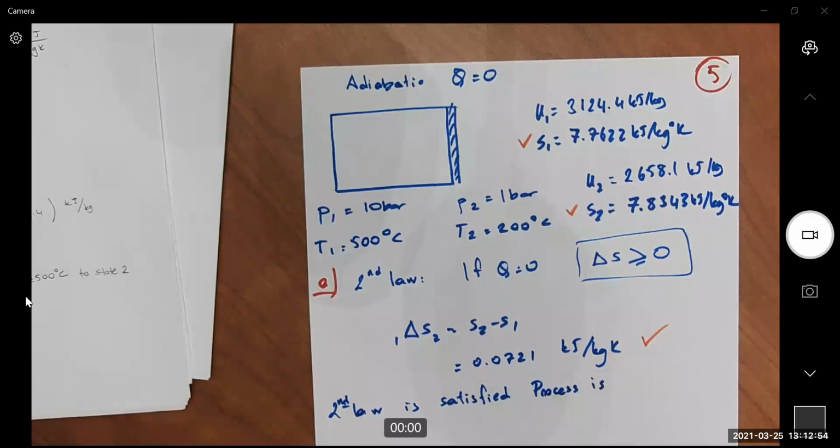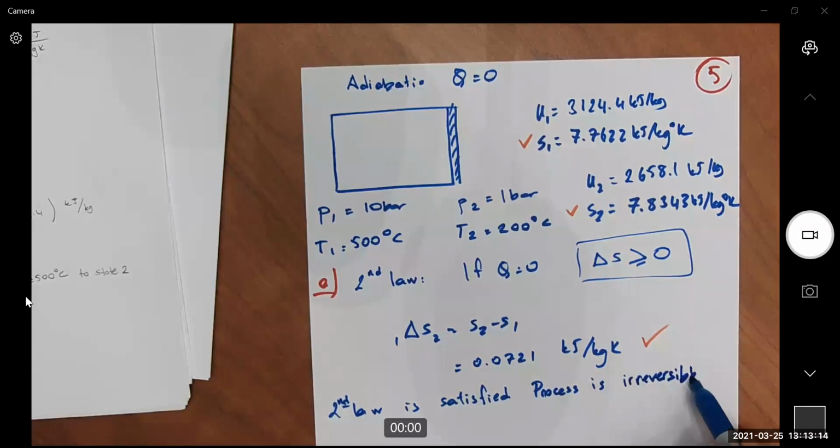Reversible? Why is that? There's no friction because delta S is greater than zero. Delta S is not equal to 0. I just found it, greater than 0, which makes it irreversible. Not reversible.